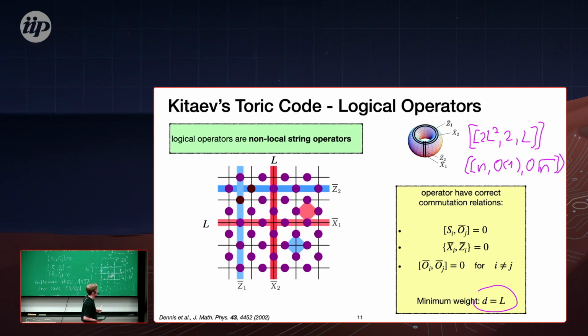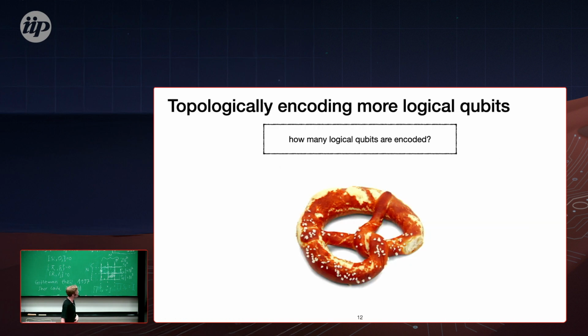Okay, there's one way to get around this order 1 number of logical qubits, and maybe some of you who have developed some intuition now can tell me: if I have a pretzel like this, and I define a code on this topology, so I place the square lattice on there, and I do X stabilizers and Z stabilizers the way I've shown before, how many logical qubits would I encode on this pretzel? 6.